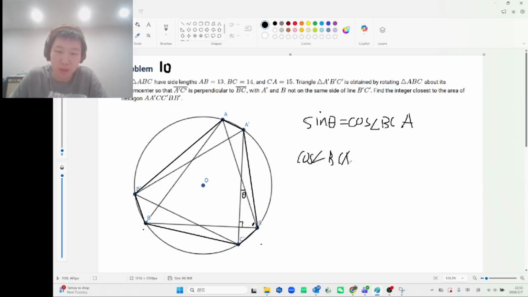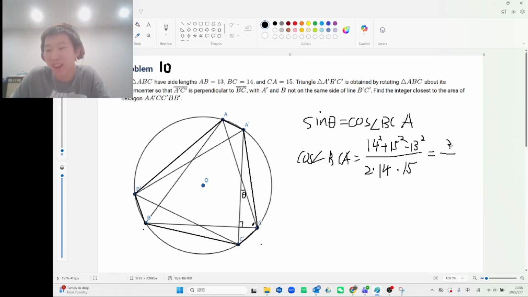So cosine BCA is, on the lower side, 2 times BC, which is 14, times AC, which is 15. On the upper side, we have 14 squared plus 15 squared minus 13 squared, and skipping a lot of steps, we eventually get 3/5.